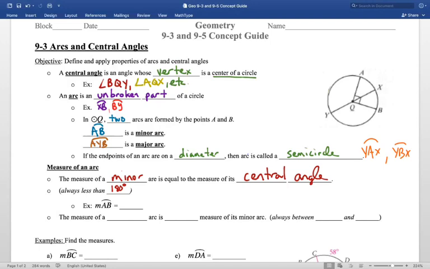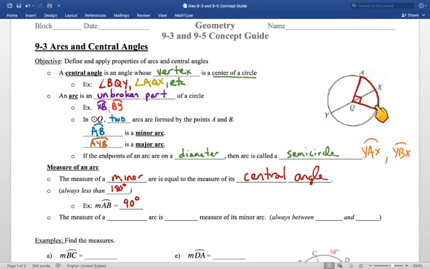Okay, so the measure of an arc, this is where we get to the nitty-gritty of this. The measure of a minor arc is equal to the measure of the central angle. It's always going to be less than 180 degrees. So over here, this arc AB is intercepted by this angle AQB.